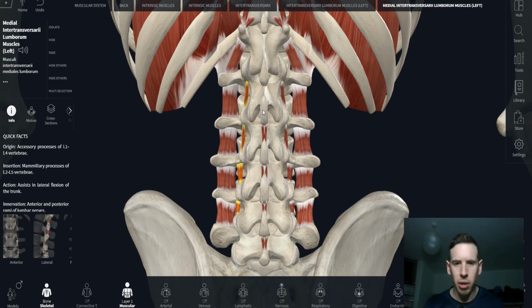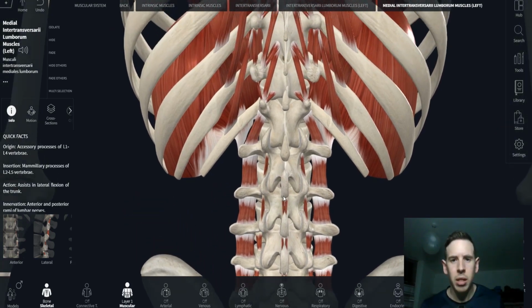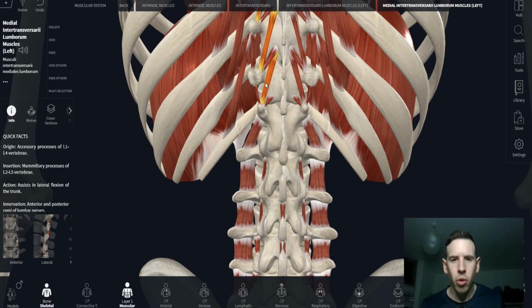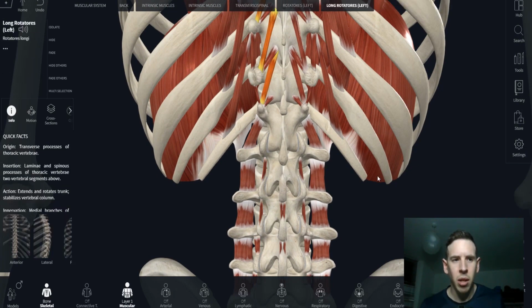And I need to take you a little bit higher up to see the rotators.